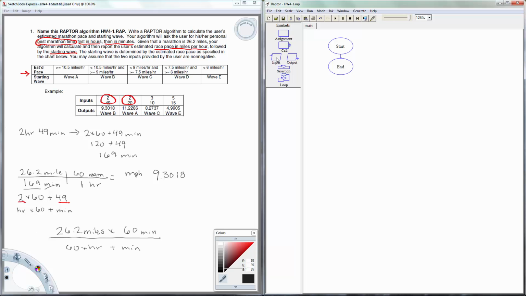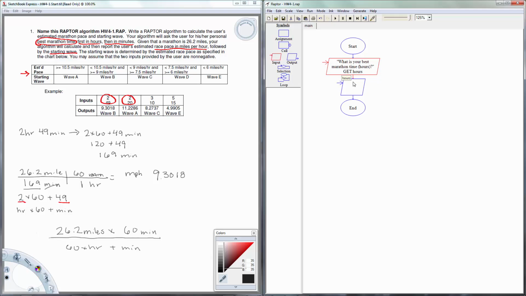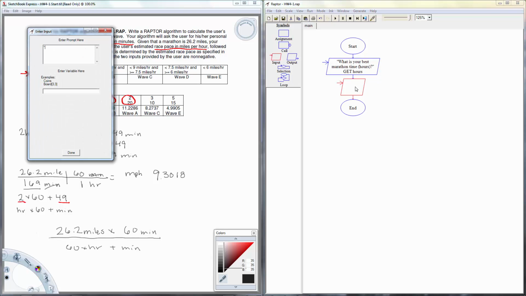We'll start off by adding our two inputs. The first input will be to get the user's hours. What is your best marathon time? And here we want the hours component. We'll call that variable hours. And the other question, what is your best marathon time? And here we want the minutes component of the time.